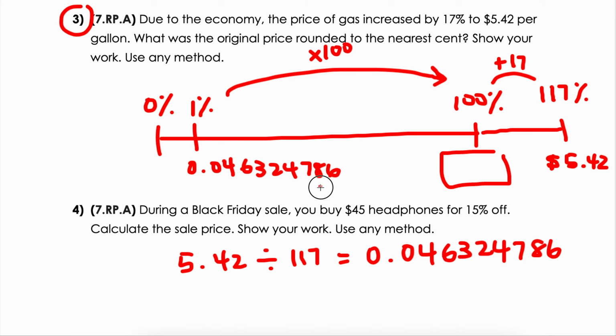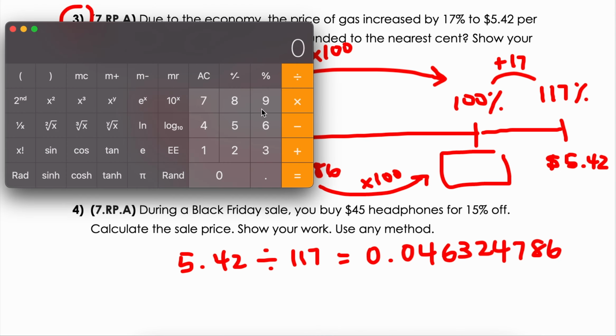So that means I need to take this number in my calculator and multiply by 100 to get my answer. If you didn't clear off your calculator, like I did right here, then you can just use that original amount and then multiply by 100. Okay? So then you will get $4.63 rounded to the nearest cent.